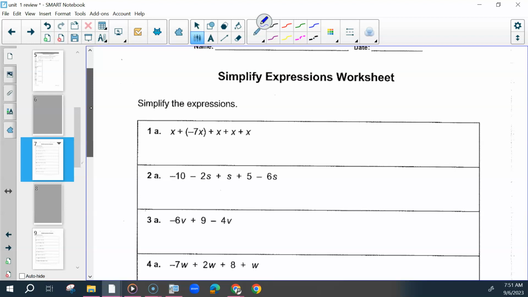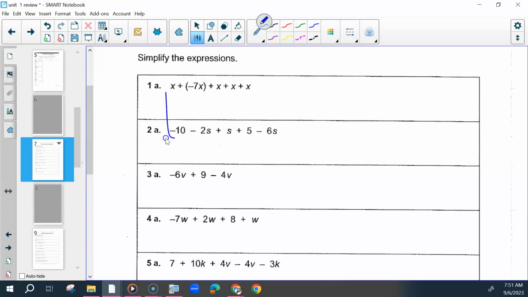Right, so here we are combining like terms. We have a bunch of x's. Remember that there's an invisible 1 in front of anything that does not have a number. So you would add 1 minus 7 plus 1 plus 1 plus 1 and figure out what that is.